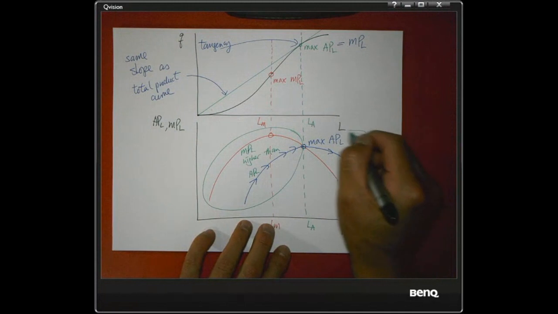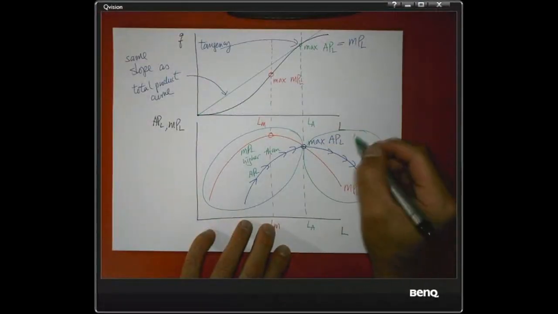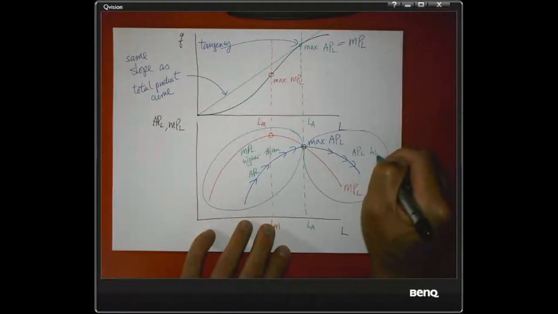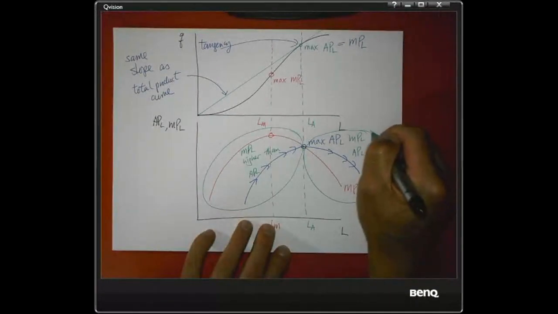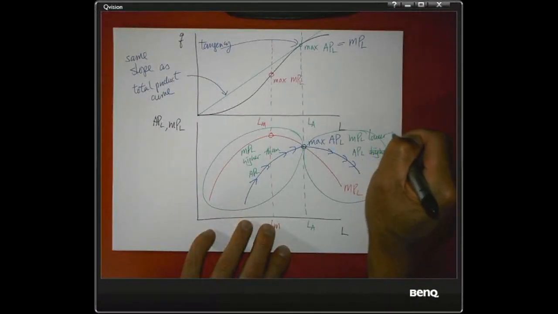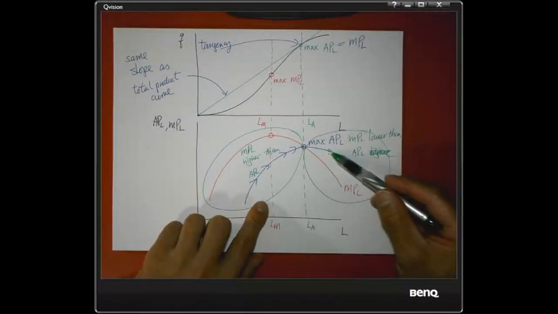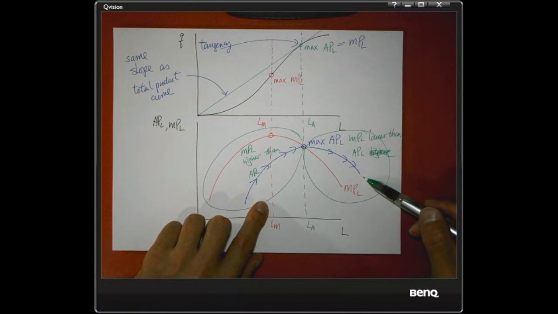And in this region, the marginal product of labor is lower than the average product of labor. And that's why the average is falling.